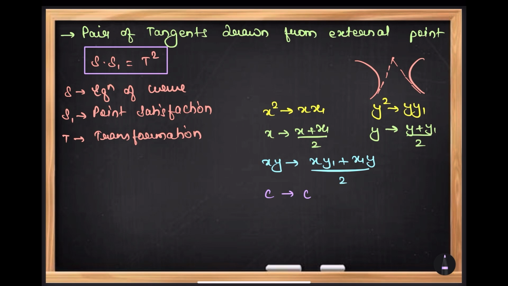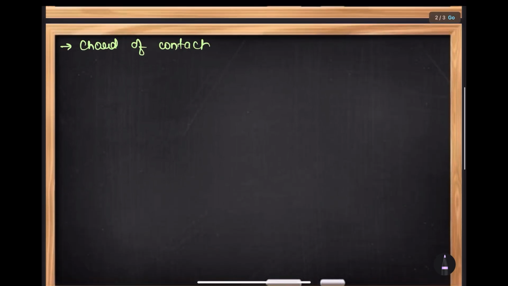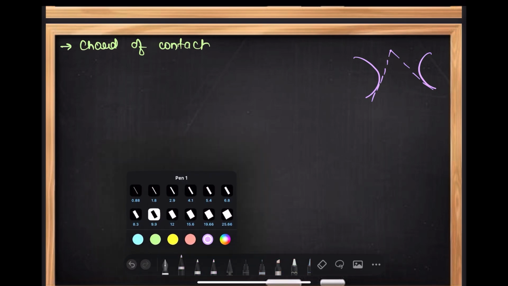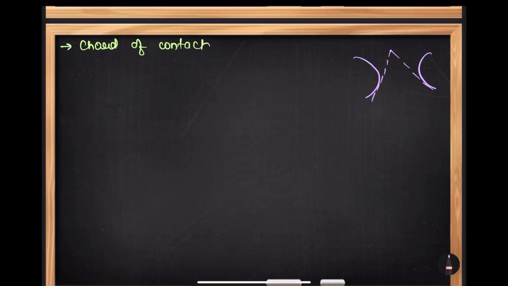Now we have to write the chord of contact. So what is the chord of contact? Suppose this is the curve. From here you can drop two tangents, correct? These two tangents will touch the curve at two points.